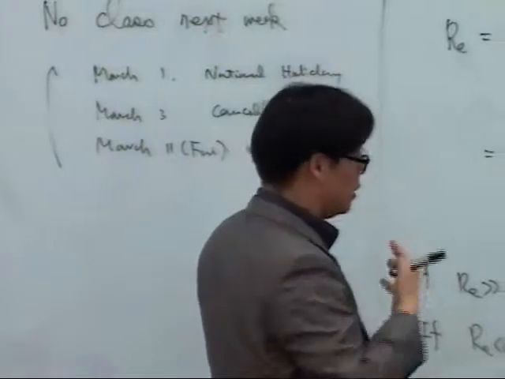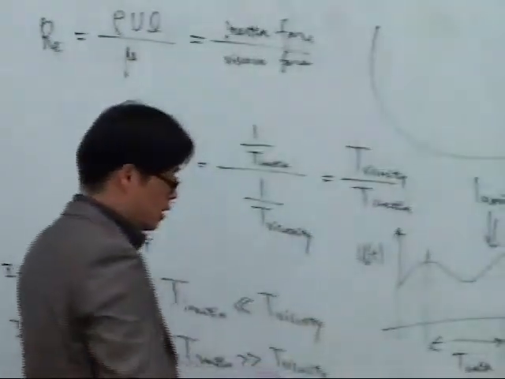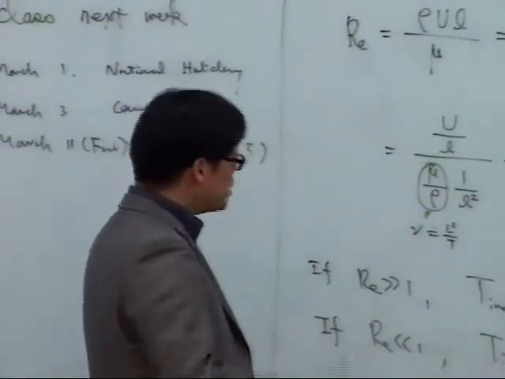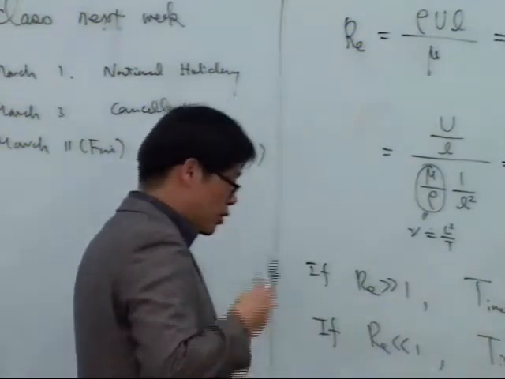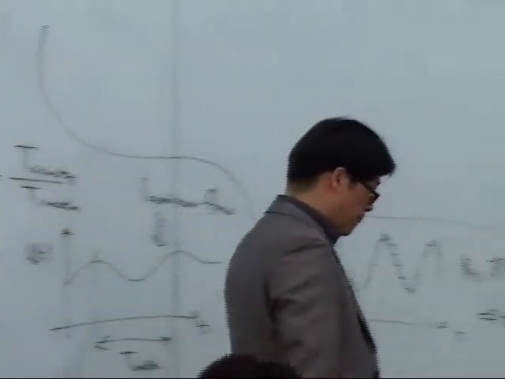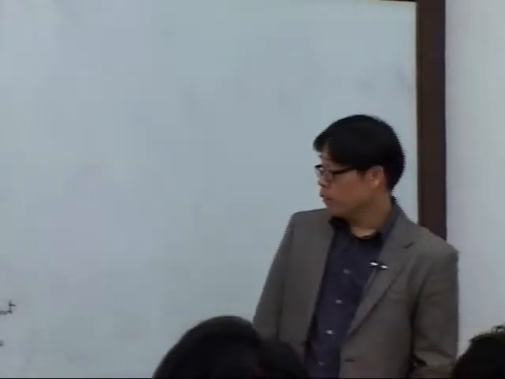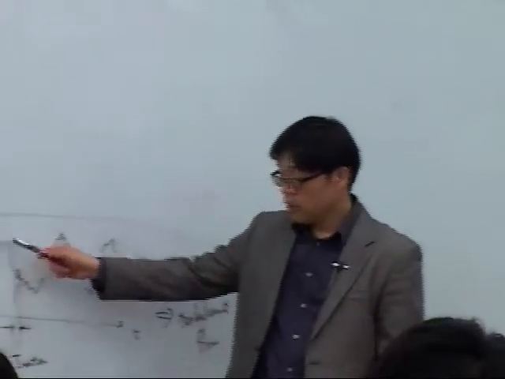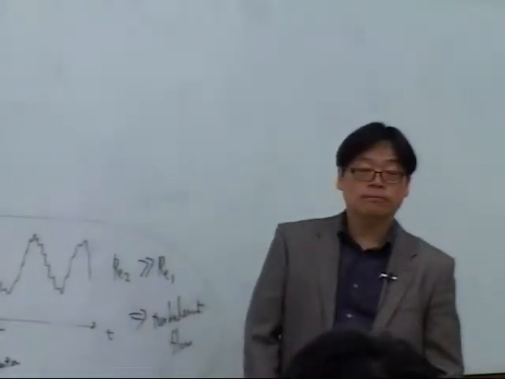And you can also understand Reynolds number as the ratio of two time scales, one associated with inertia and one associated with viscosity. As Reynolds number increases, the characteristic time scale for inertia gets smaller and smaller, and therefore you might see highly fluctuating velocity in the flow.